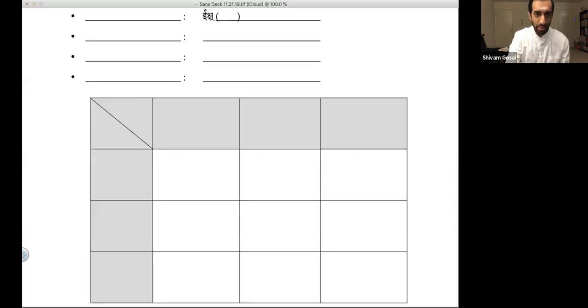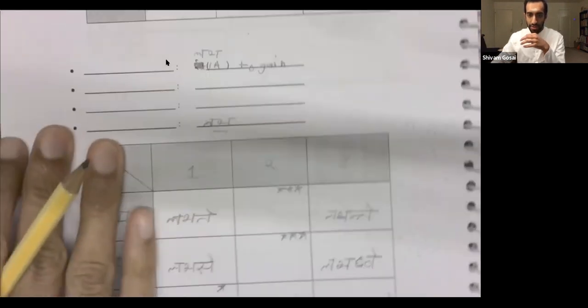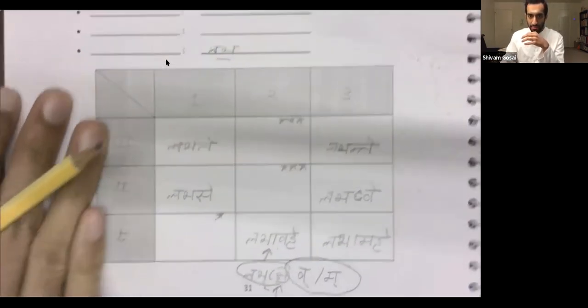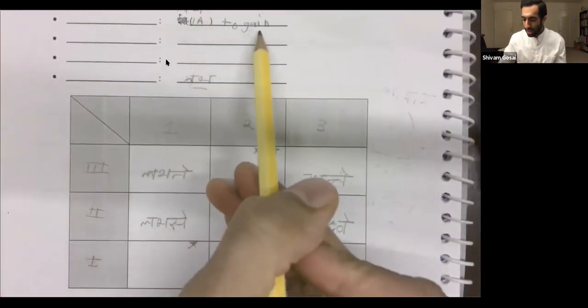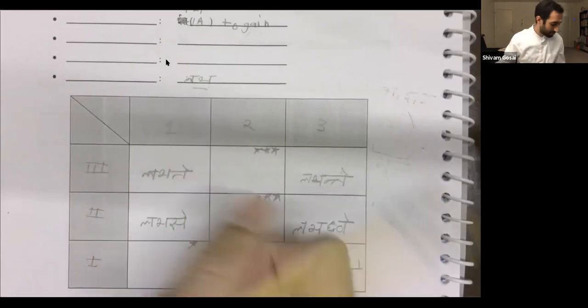Now last time we were talking about labh dhatu. In our workbook, we can turn to the previous page, page 31. Labh dhatu, this is what we were working on last time. Labh, 1A, to gain, and labha.